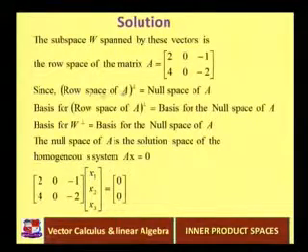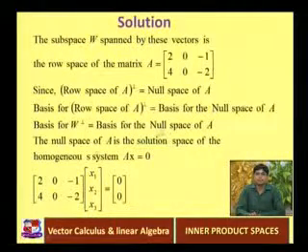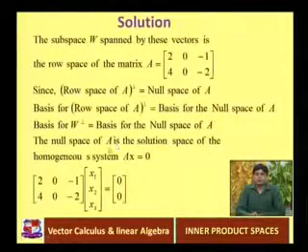For that, we have the result that the row space of A perp is equal to the null space of A. This means that to find the basis of the orthogonal complement of the row space, we have to find the basis for the null space of A. The null space of A is the solution space of the homogeneous system Ax = 0. Students can easily verify that.